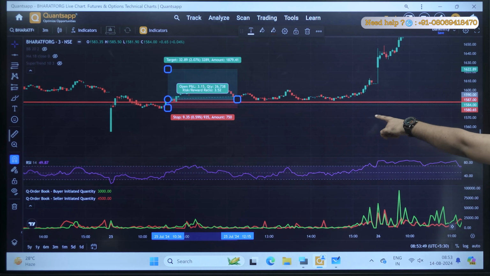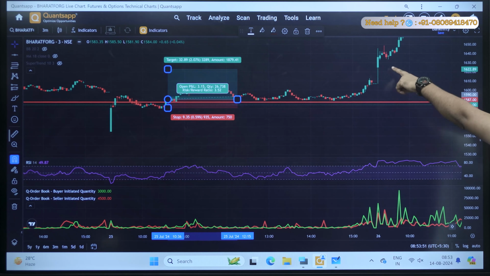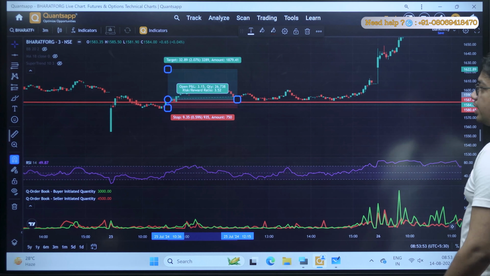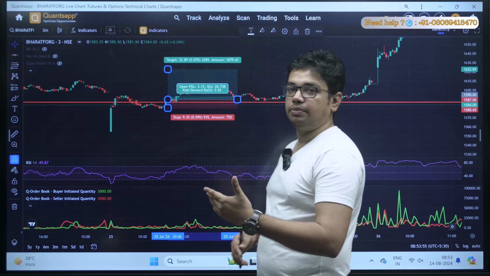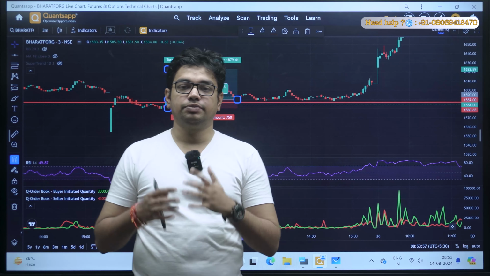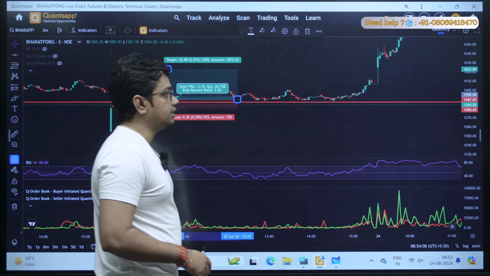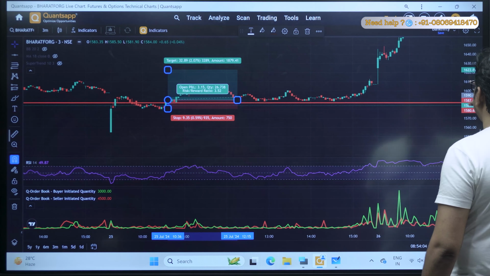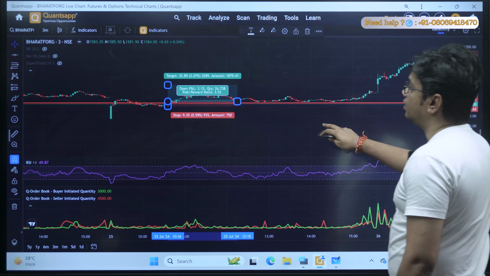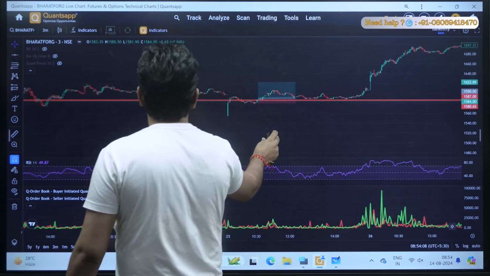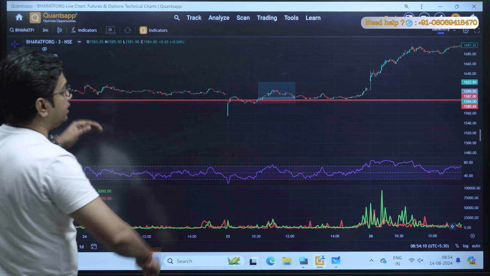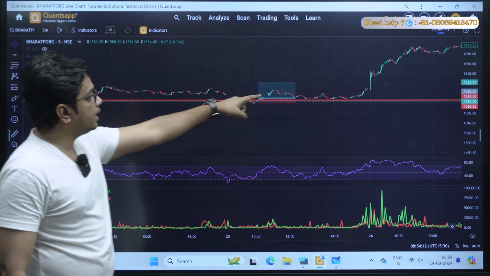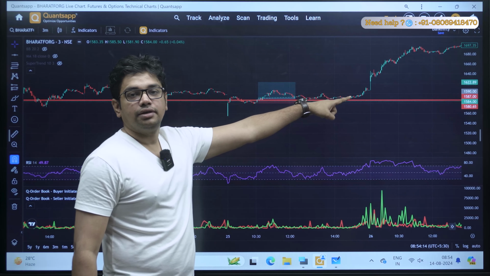Right from 1590 it went to 1630, so it gave me 40 points. But if you want a larger profit, then look for the nearby resistance. You can see this is the resistance, and on the next day it was broken directly on the gap up.